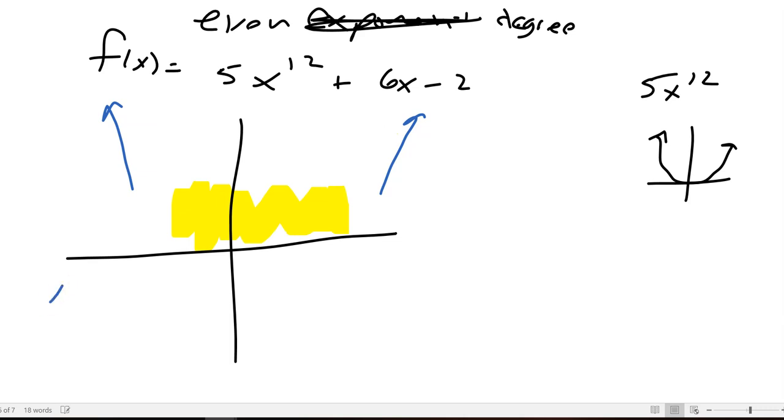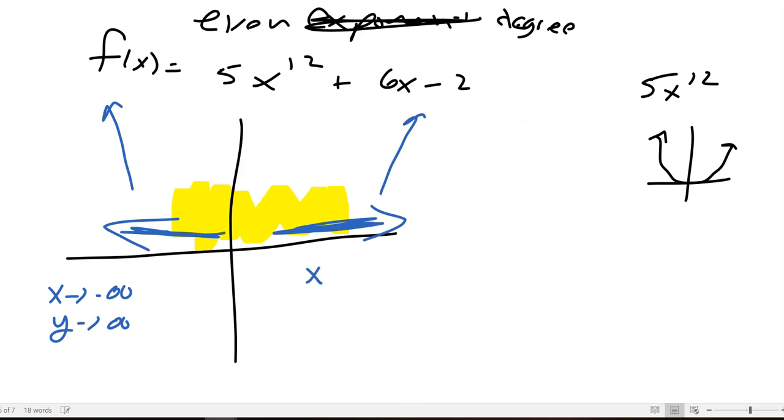But here, as x approaches negative infinity, because we're headed this direction, the y is approaching positive infinity. And then over here, as we go this direction, so x is approaching positive infinity, the y is also headed uphill, so it's still going to positive infinity.